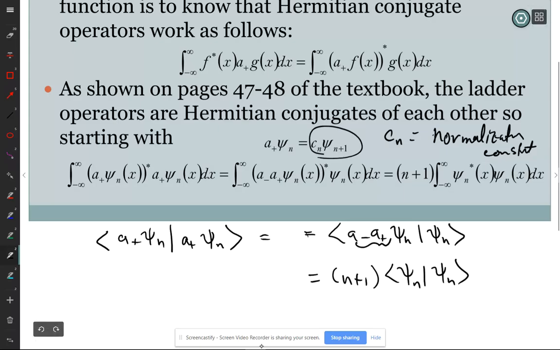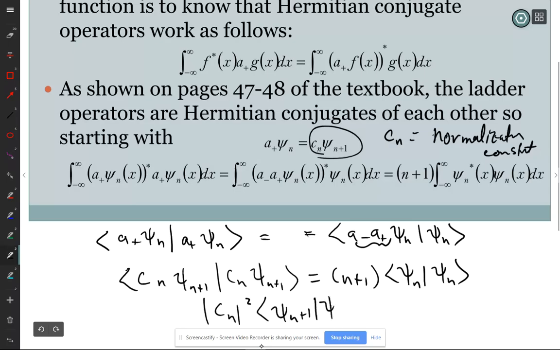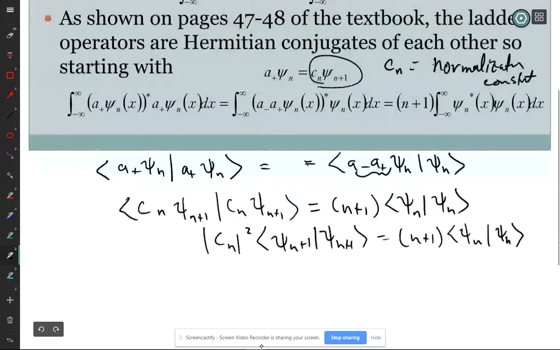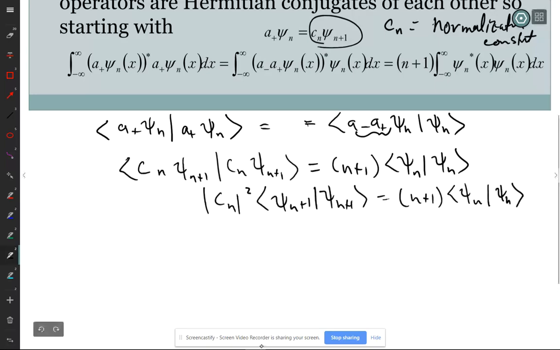So I should have been a little more careful. Okay, that's the way it's correct. And so what we find then is, by definition, this has to be 1 and this has to be 1.